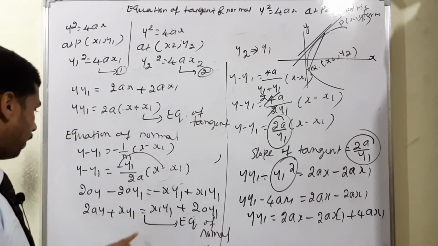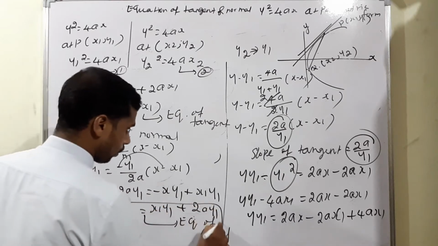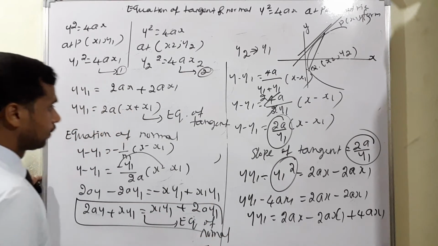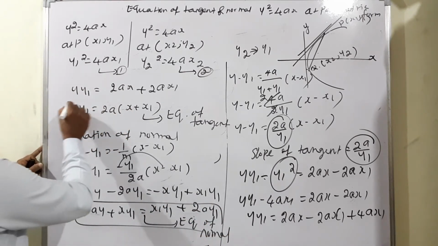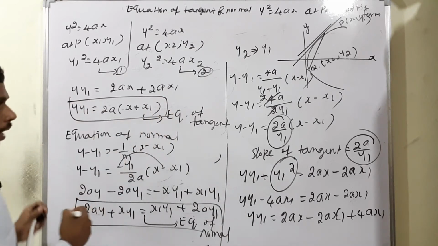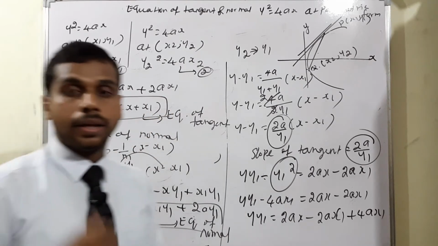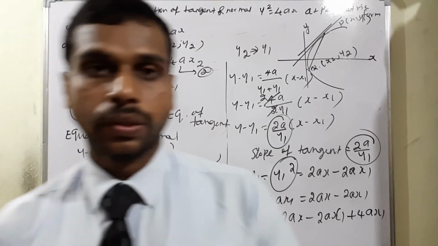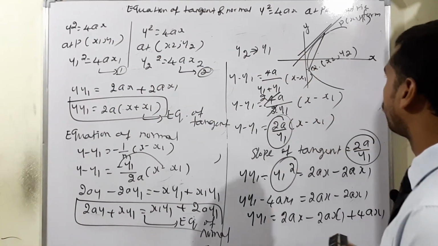So these are the 2 points we need. This is also one of the important points, isn't it? Now I am moving to how to apply in parametric form the equation of tangent and equation of normal.